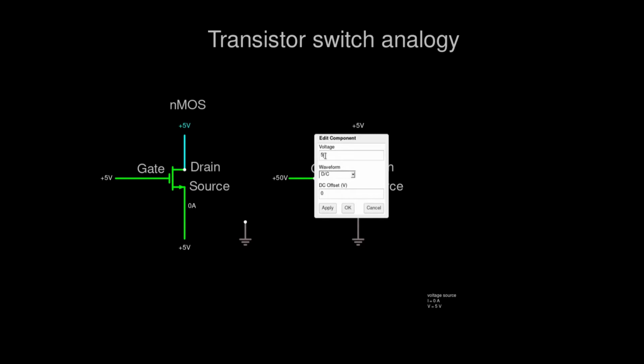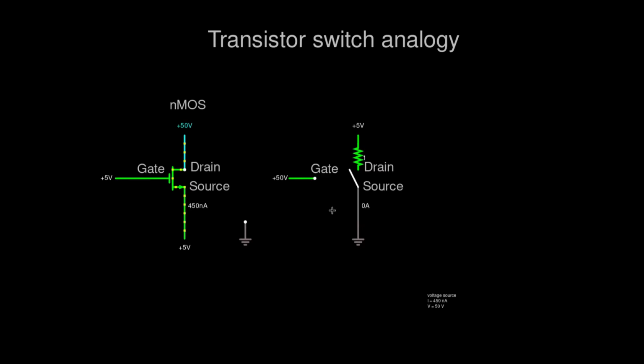Let's put it to 50 volts over here. So we have about half a microamp over here. But we don't have that huge current going through here, like in milliamps that we had before. So why is that? I have voltage over here. The switch should be closed, but it's not.